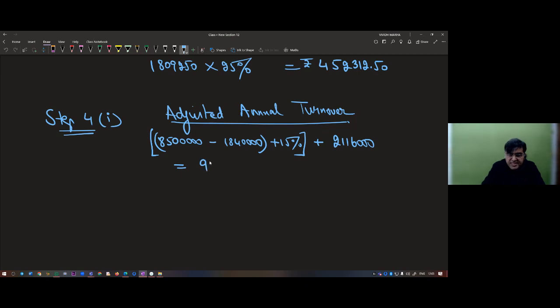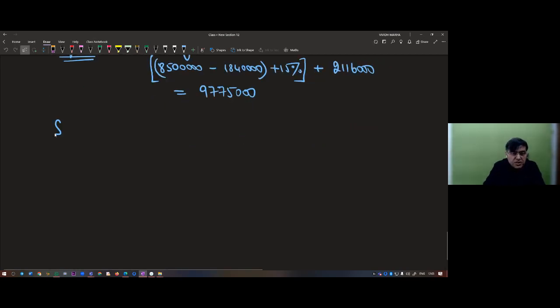That is 97 lakh 75,000. Okay, this is adjusted annual turnover.